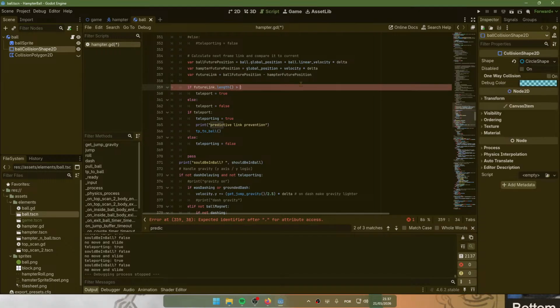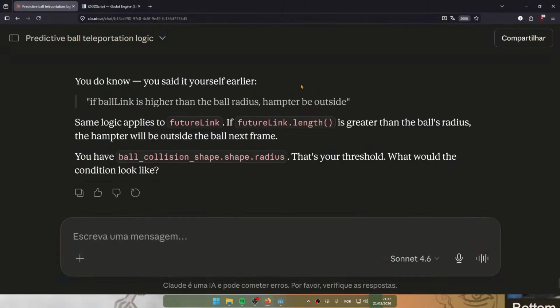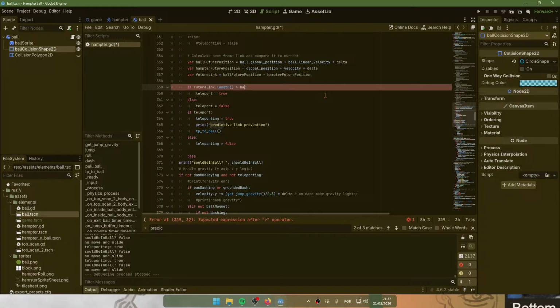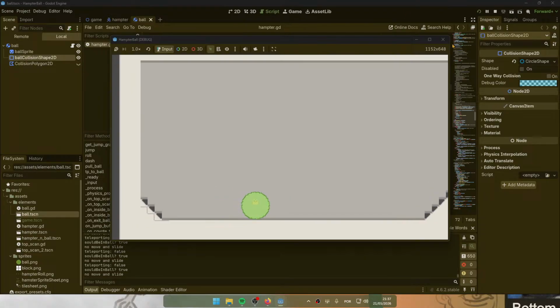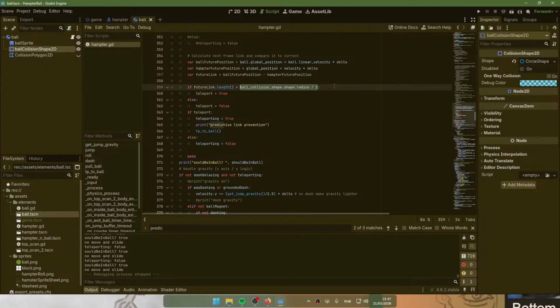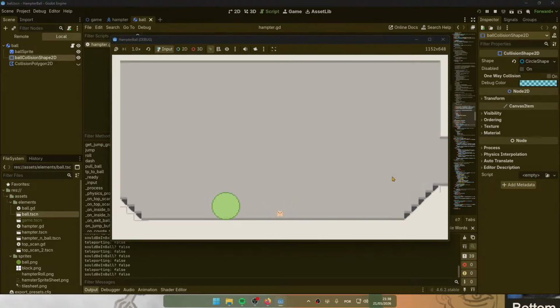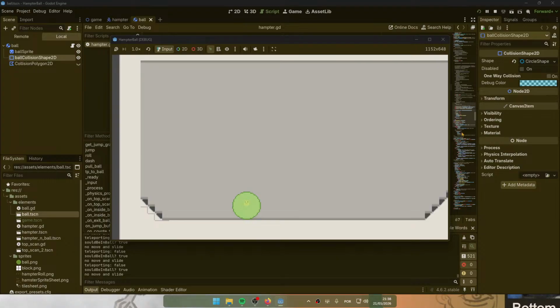What is the radius? How do I get the radius? Collision shape. Oh yeah, of course. Ball, collision shape, dot shape, dot radius. Half. I need like half of this, right? If it's bigger than half a shape. Nope. Is it really just plain, not half?